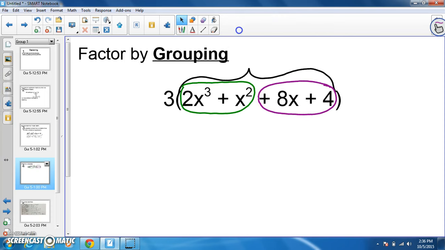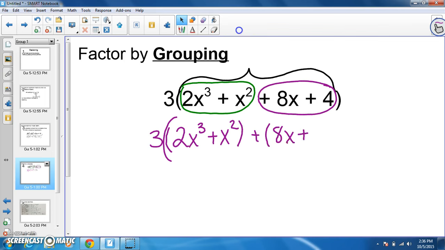So we're going to rewrite that with parentheses to say 3 times 2x cubed plus x squared plus 8x plus 4.